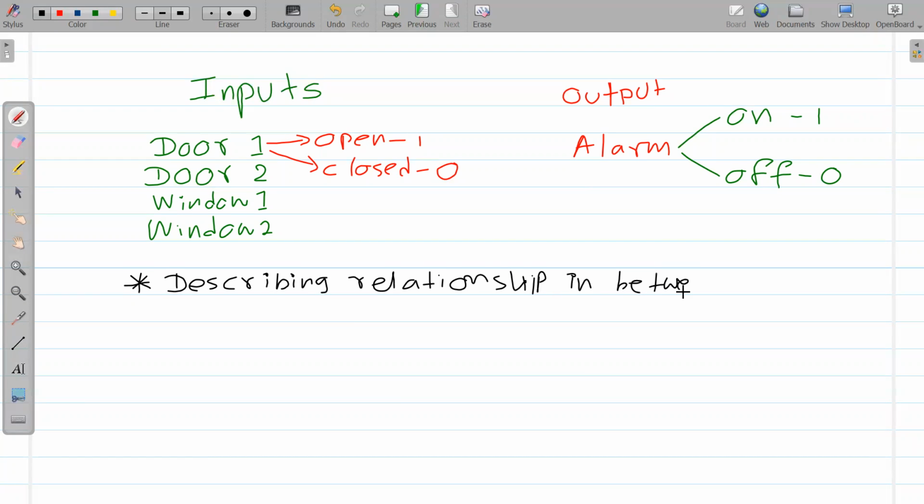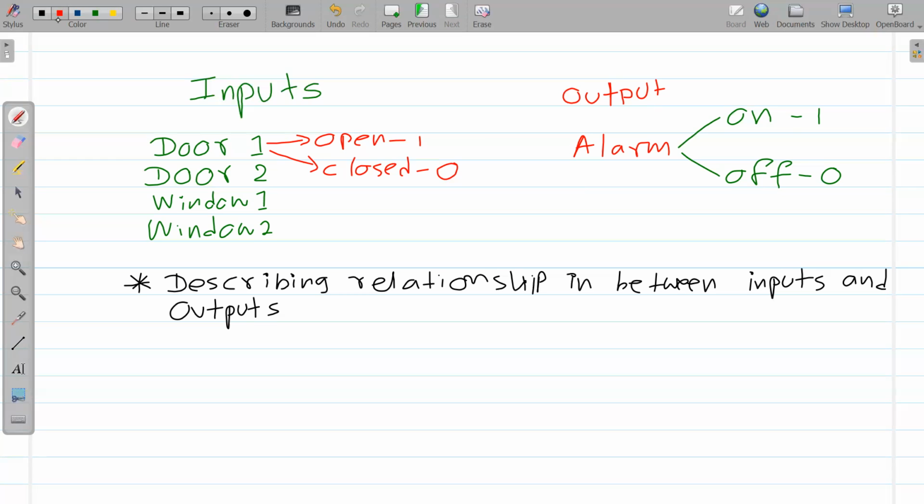The scenario says if any of the windows or doors is open, the alarm is going to buzz, or indicate there is a threat.